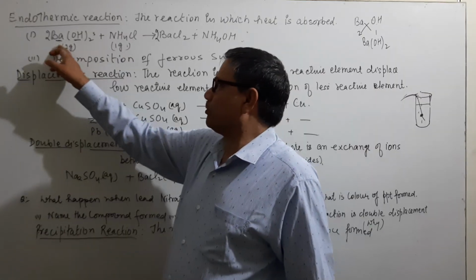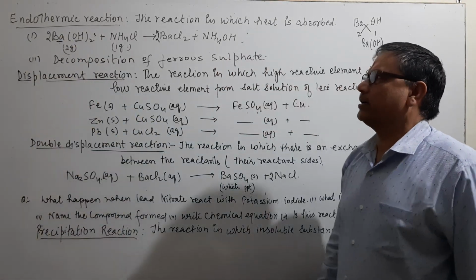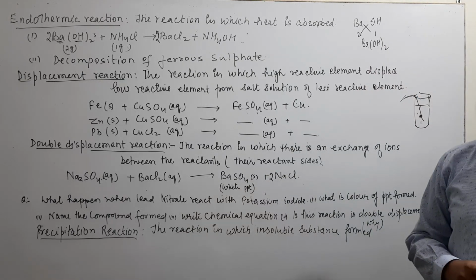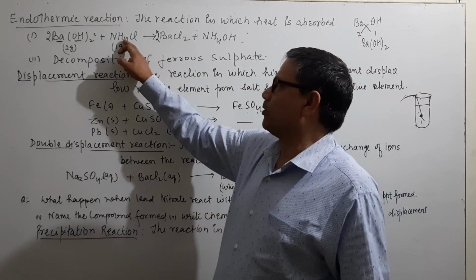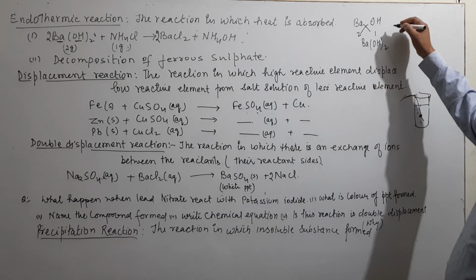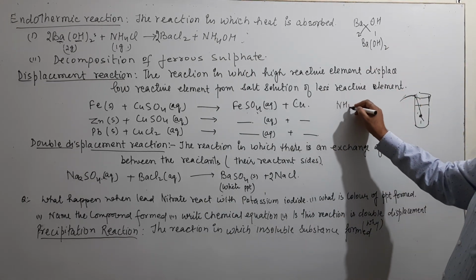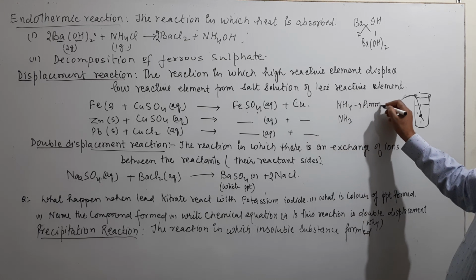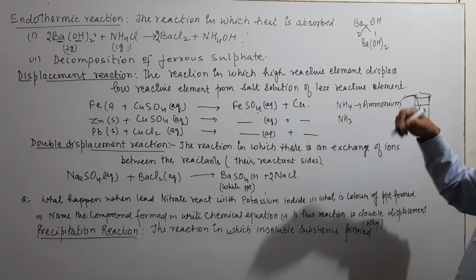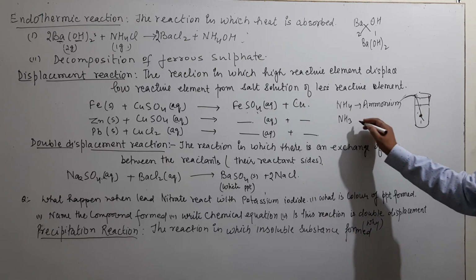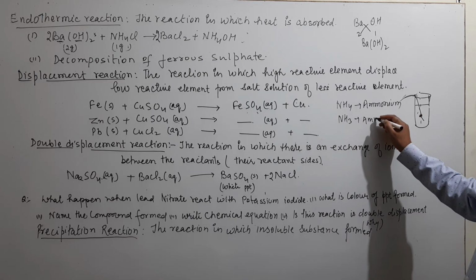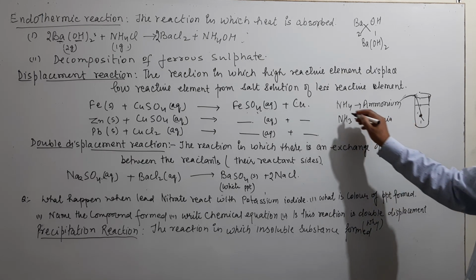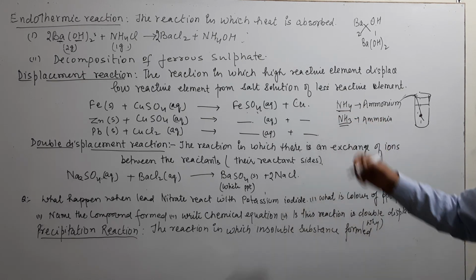Take 2 gram of barium hydroxide and mix it with 1 gram of ammonium chloride. This NH4 is ammonium and NH3 is ammonia. That is the difference.